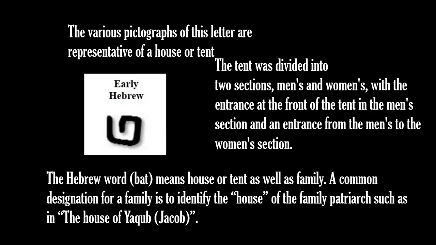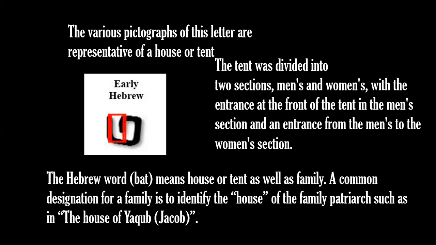So we're starting with looking at the construct of the early writing or representation of the letter Bath. The various pictographs of this letter depict a house or a tent, as you see in the imagery on the screen. The tent was divided into two sections.